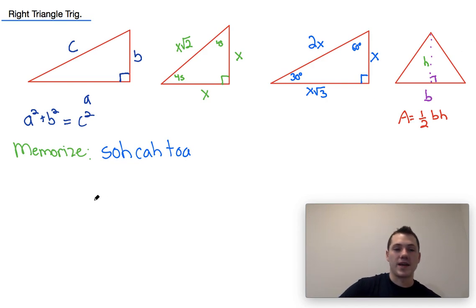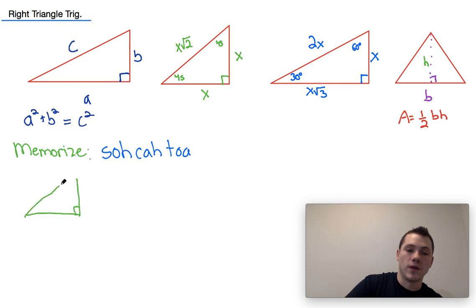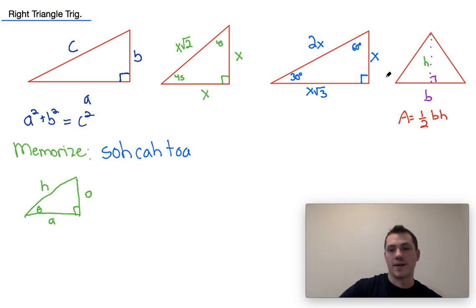So let's say we have a right triangle with an angle theta. Opposite of it is that side. Adjacent to theta is this side, and the hypotenuse is right here.